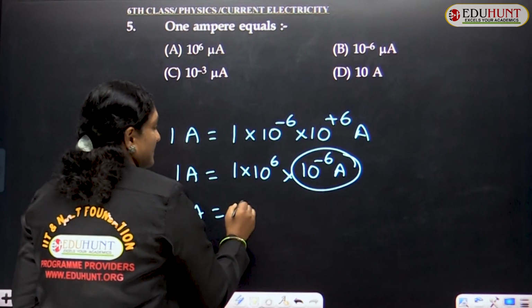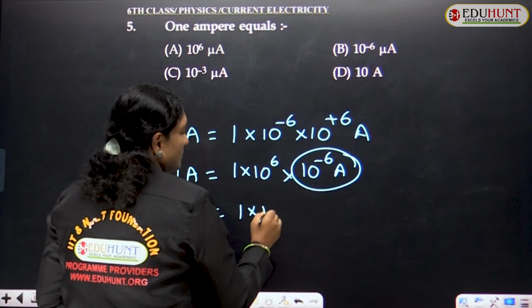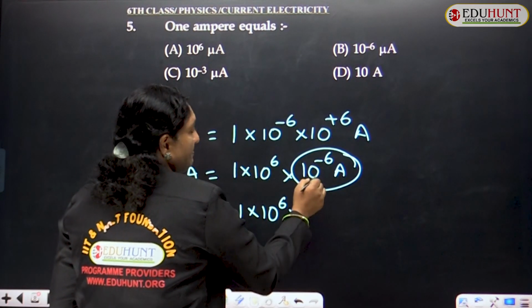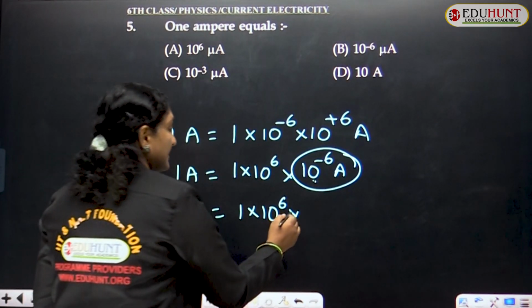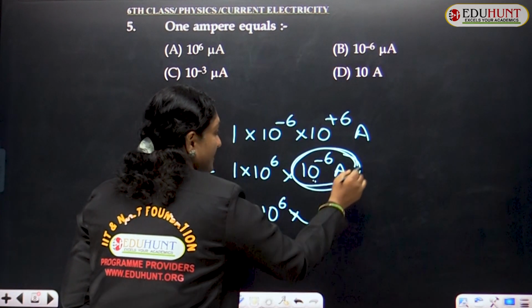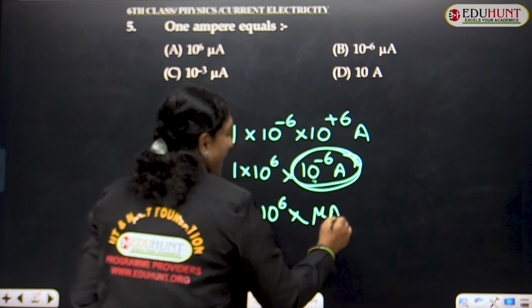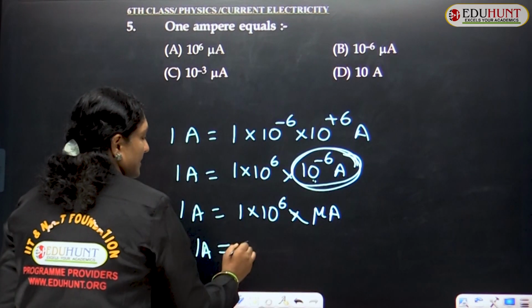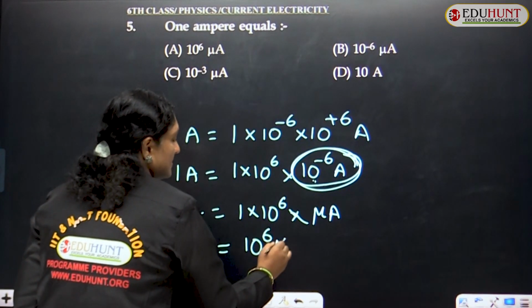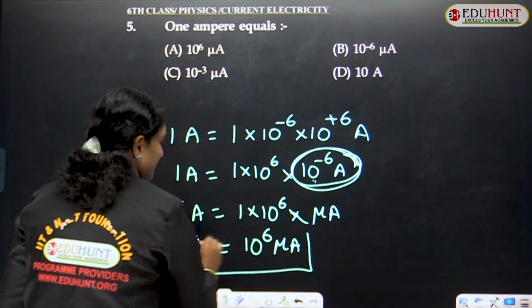It is nothing but micro. Hence, 10 power minus 6 amperes can be written as microamperes. So what is the total value, children? 1 ampere can be written as 10 power 6 microamperes.